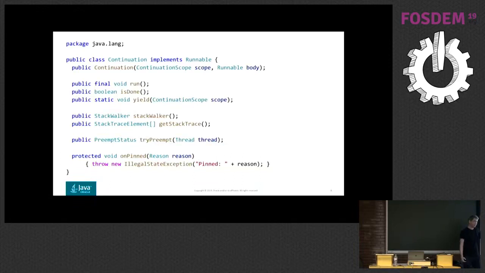That would mean there would be a native frame on the continuation stack when you yield, and we do not allow yielding at that time. We say that the continuation is pinned, and when that happens, this method is going to get called, and by default, it's going to throw an exception. That's not what happens with fibers, because fibers override that.